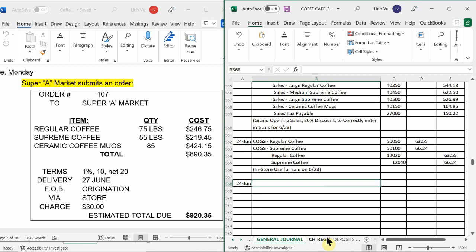Purchase order? This is not a purchase order. Accounts receivable?